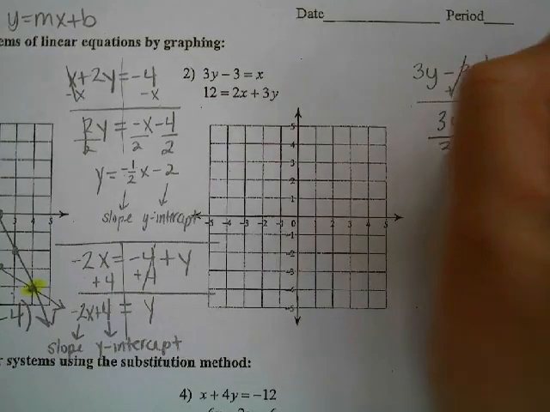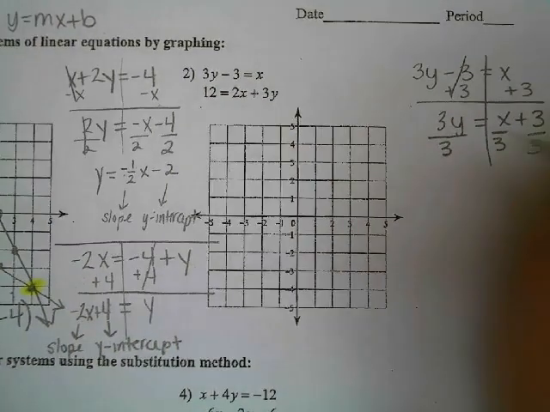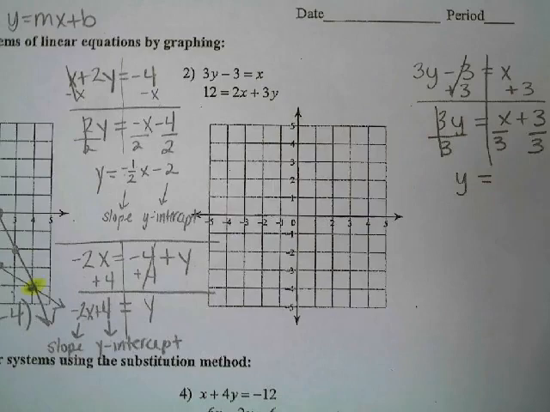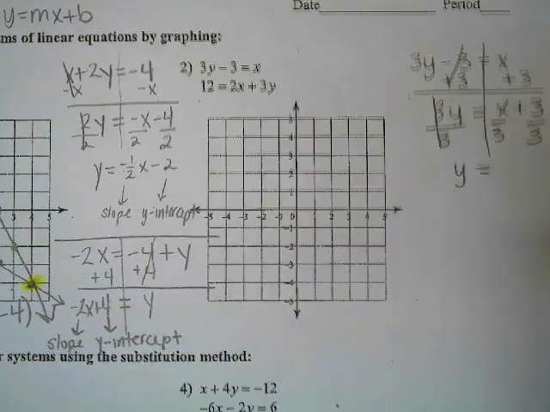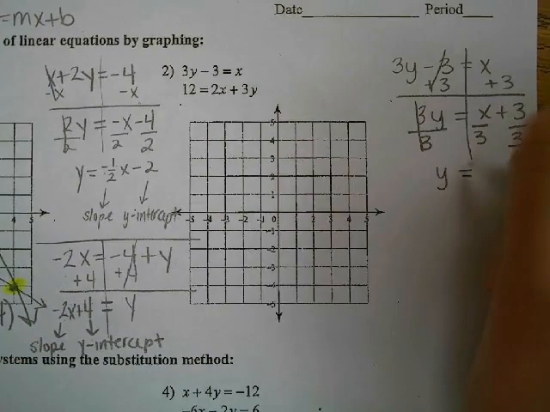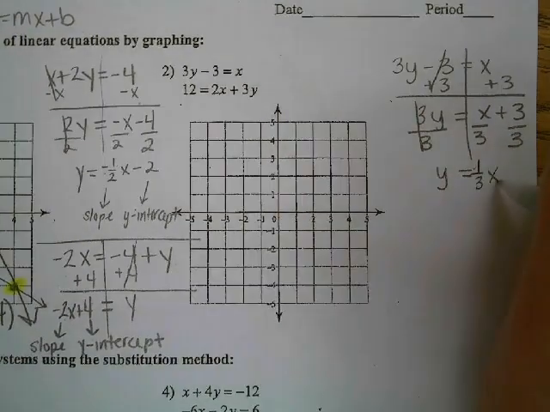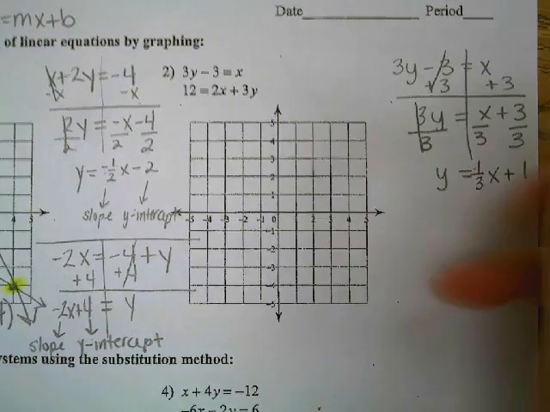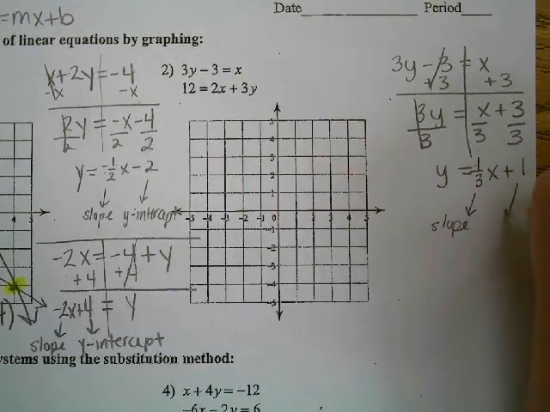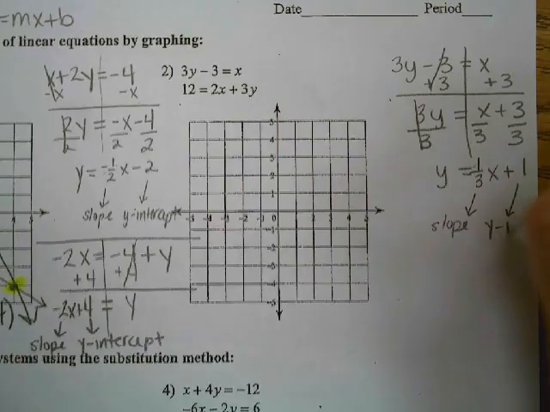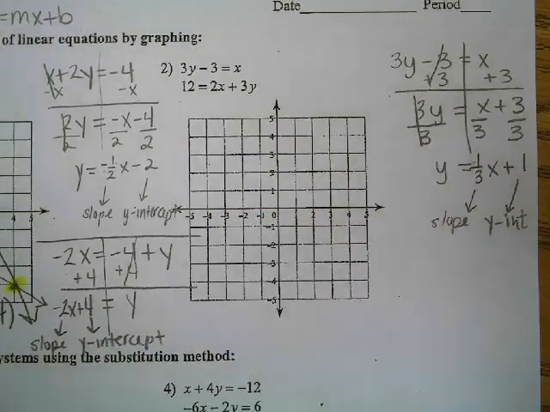And then divide everything by 3. So on the left-hand side, you have y equals, and then the right-hand side can be simplified to 1/3 x plus 1. So your slope is 1/3, and your y-intercept is 1.